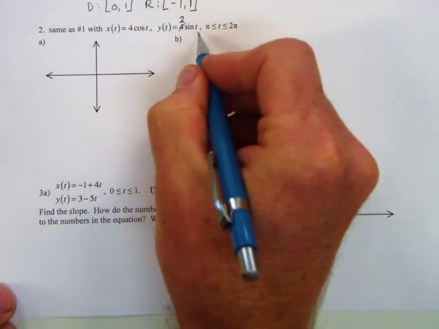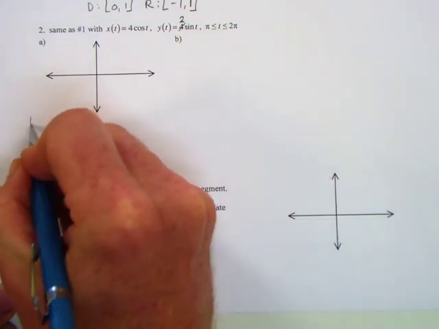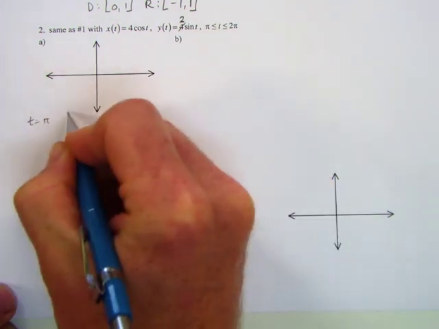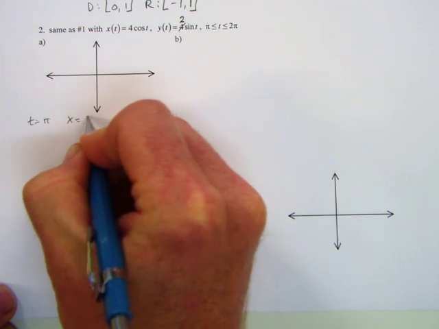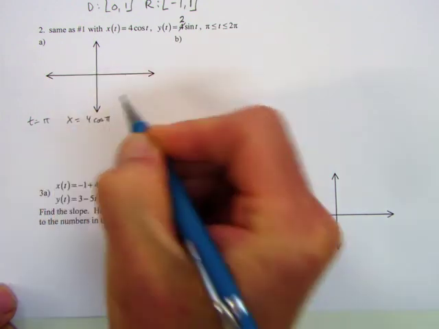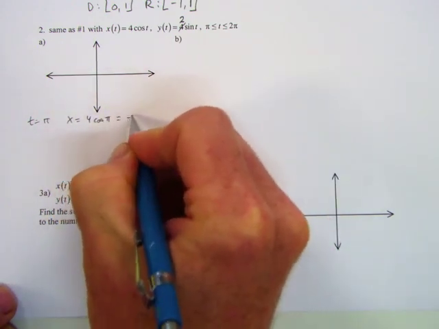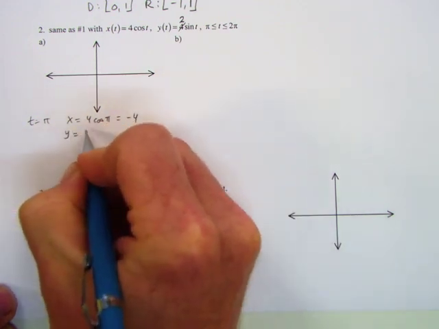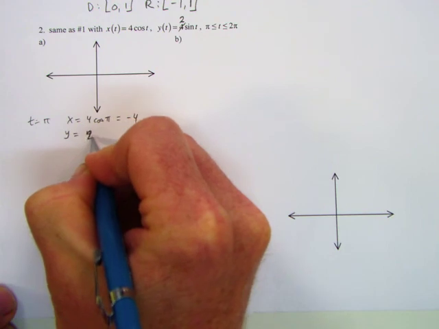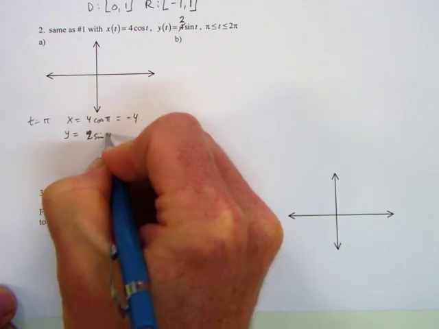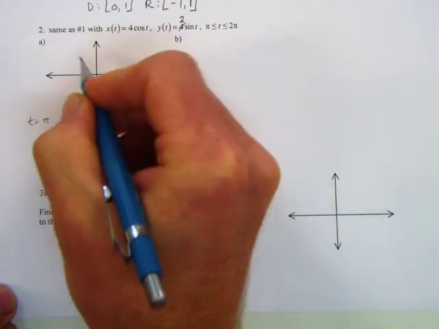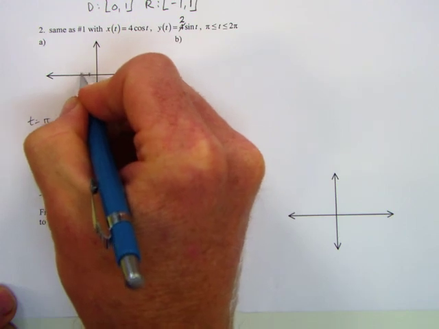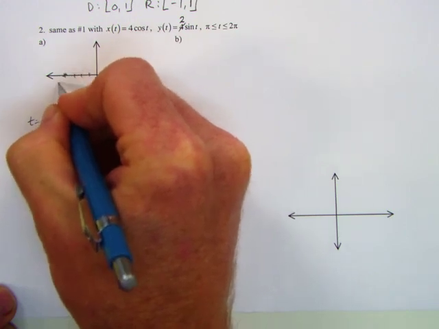Let's see, we're going to plug in t equals pi, so we'll have x is 4 times the cosine of pi. That would be 4 times negative 1, or negative 4. And y would be 2 times the sine of pi, which would be 0. So we know we're going to start off at negative 4, 0.